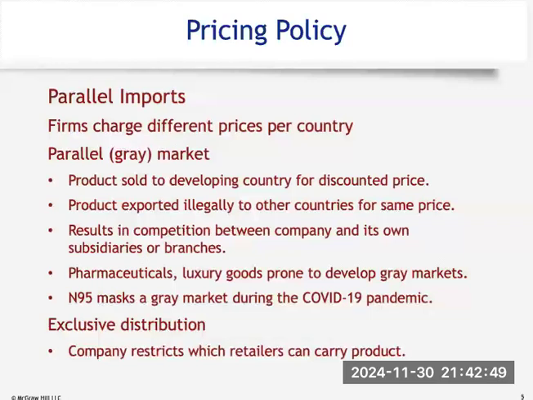The product is exported illegally to other countries for the same price. So in this case, people would go to Canada or Mexico and try and get the product at a cheaper price, bring it back in and sell it and make a profit on it. So we're seeing this, it's not something you want to do.